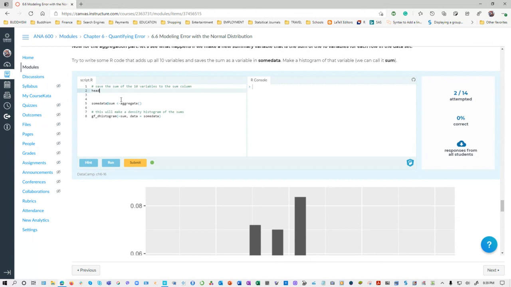My data, okay, head of some data, the some data, bracket, some data, close it. Cut this one and run. Some data.